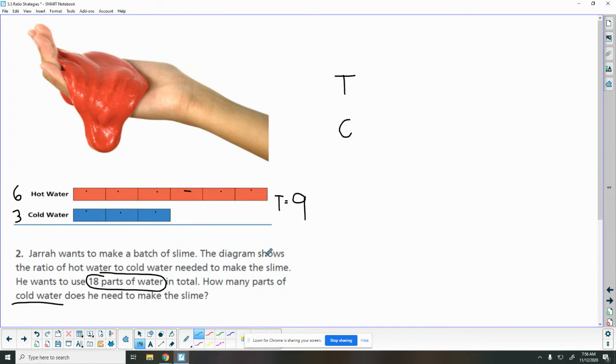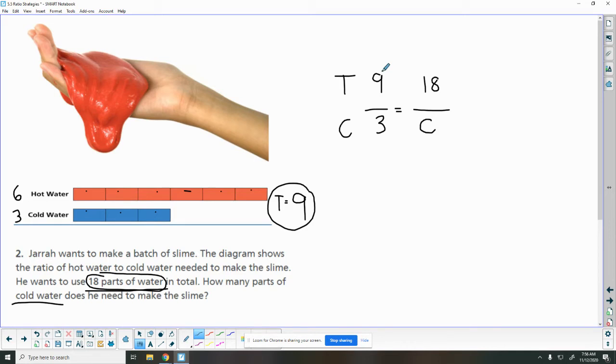So I'm just going to say what I know. I know when there's 9 parts of water that I need 3. So we just always start with, what do we know? And I'm trying to find 18 total. So I'm going to match up 18 on my total section. And then I'm looking for the cold.